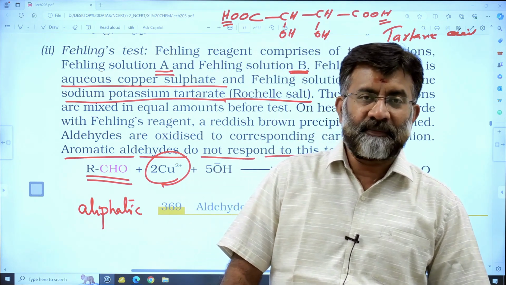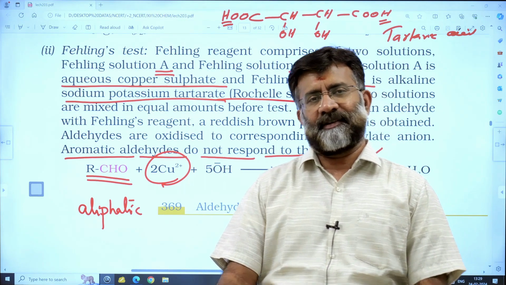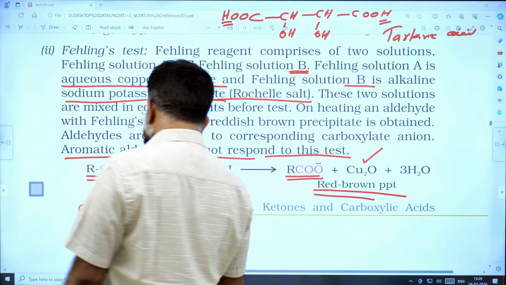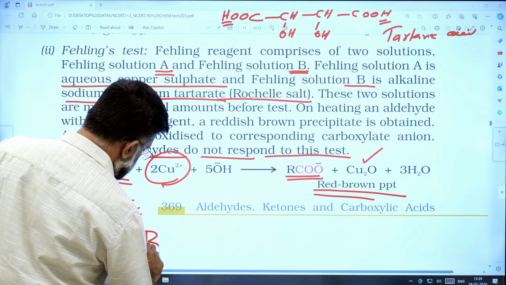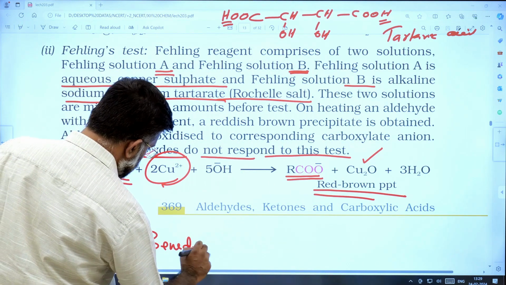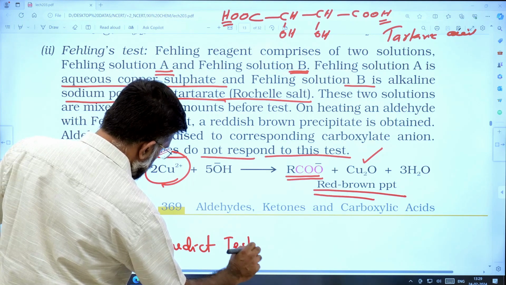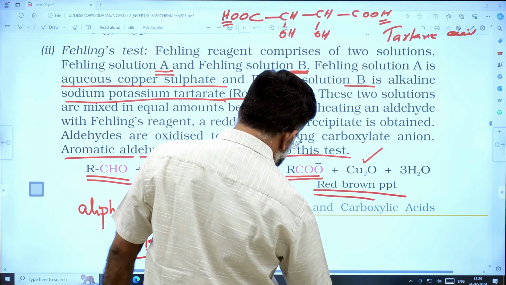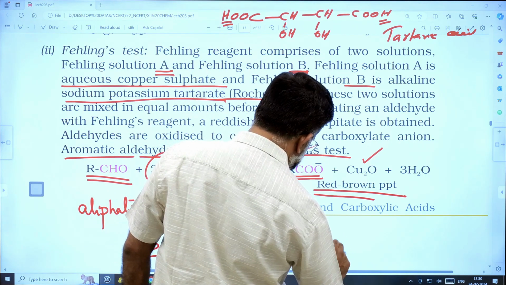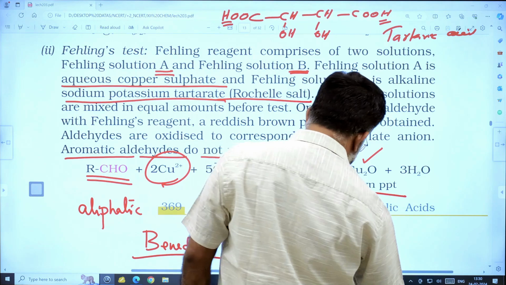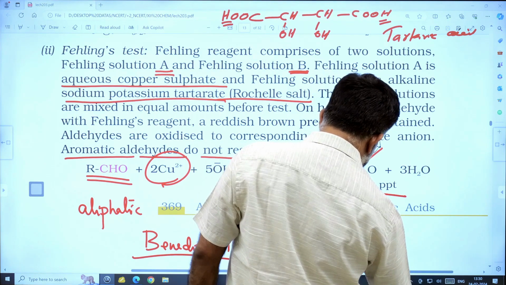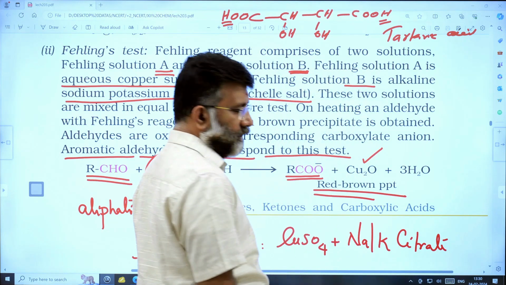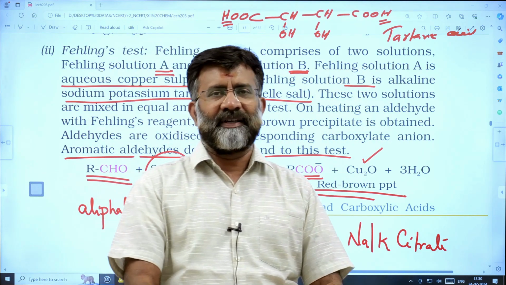There is a similar test like Felling's test called the Benedict test. What is the Benedict test? It is also copper sulfate with sodium or potassium citrate, a salt of citric acid.